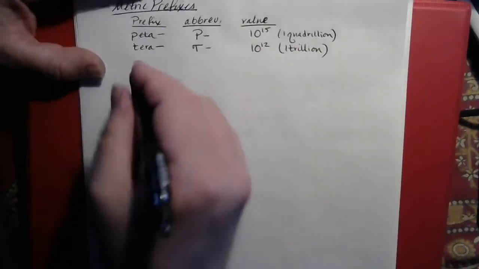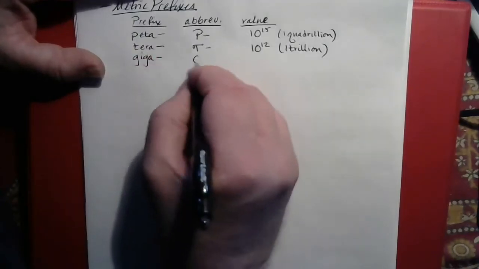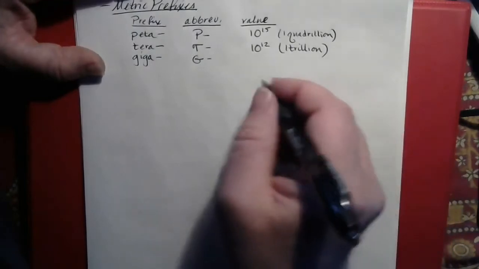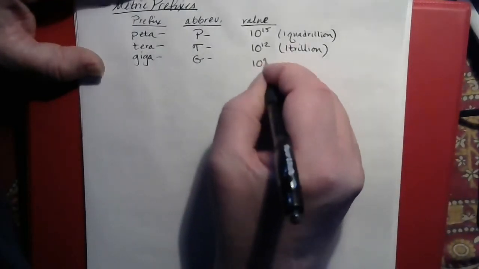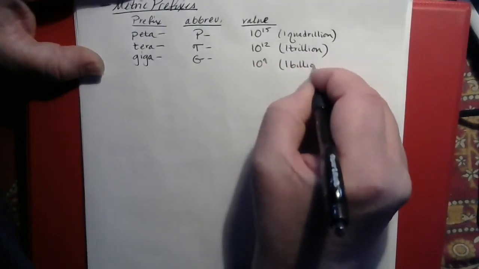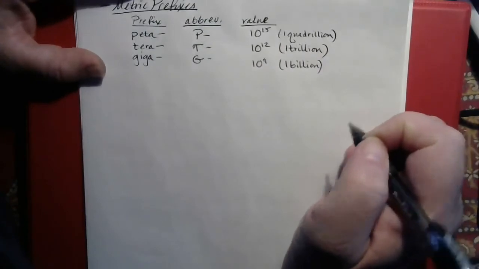Okay, so that's tera. Giga is next. Capital G is the symbol, and that would be 10 to the 9th, or 1 billion units.